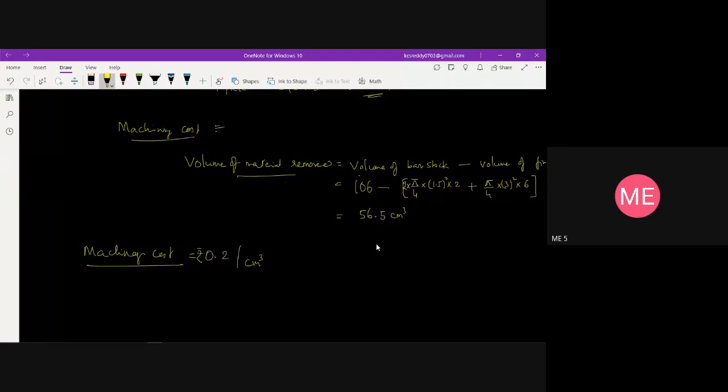So how much of the volume have you removed? So total machining cost, we can take it as machining cost is 0.2 into 56.5.